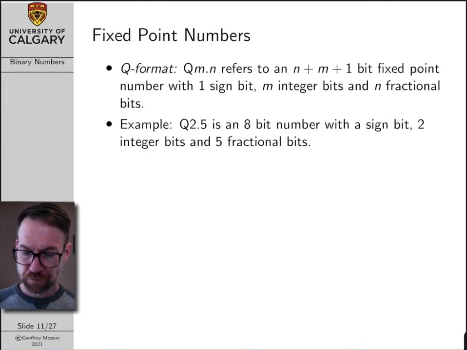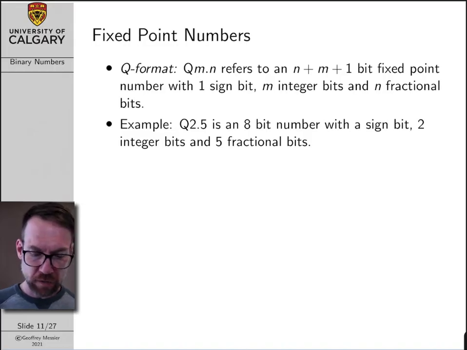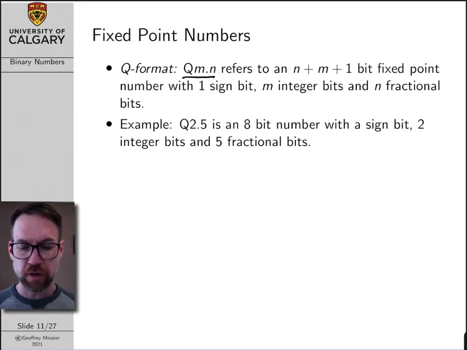And so to help us specify how many bits we're choosing to use to represent the integer and fractional portions of the number, we can use something called Q format notation. In general, we have a capital Q followed by a number, a dot, and then a number. And this refers to an n plus m plus 1 bit fixed point number with 1 sign bit, m integer bits, and n fractional bits.